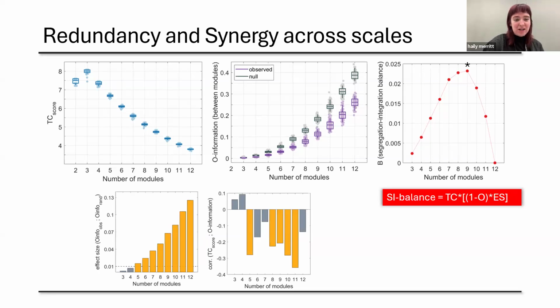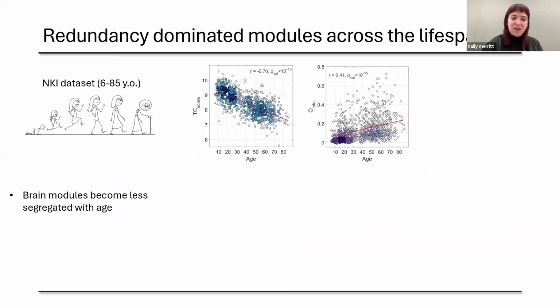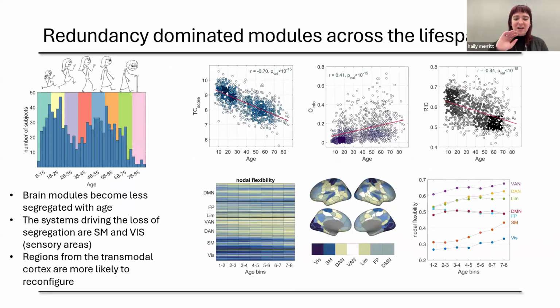So I think your aging results are really interesting, and also in line with some of the other existing literature about more de-differentiation of different brain systems with age. I thought it was really interesting that you showed that this seems to be driven by somatosensory systems, somatomotor systems, and visual systems becoming less redundant with age.